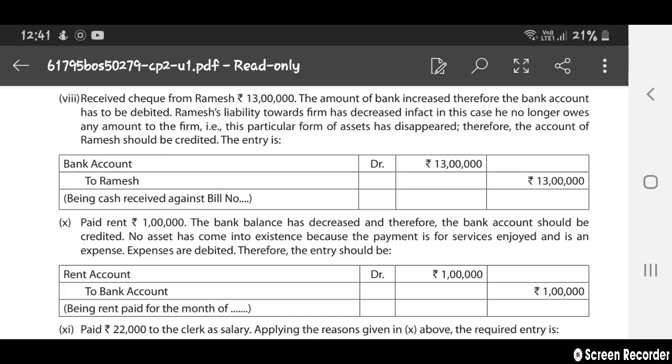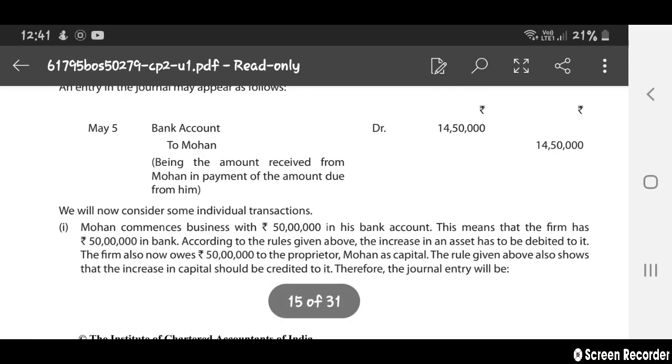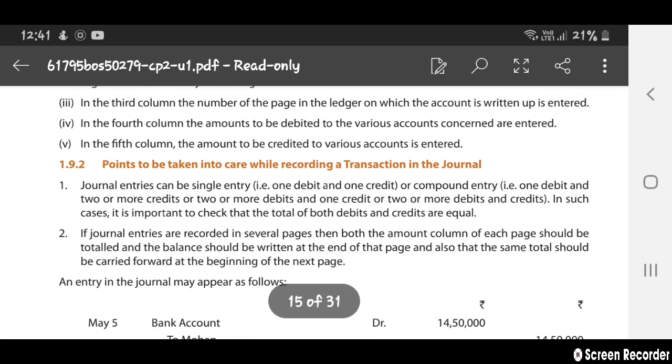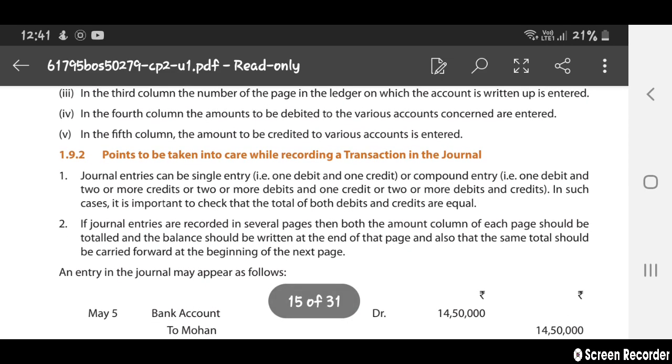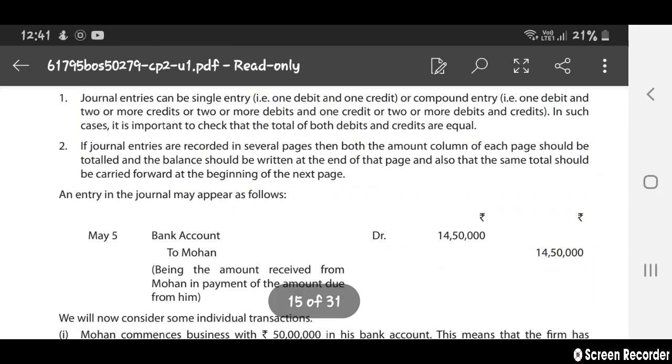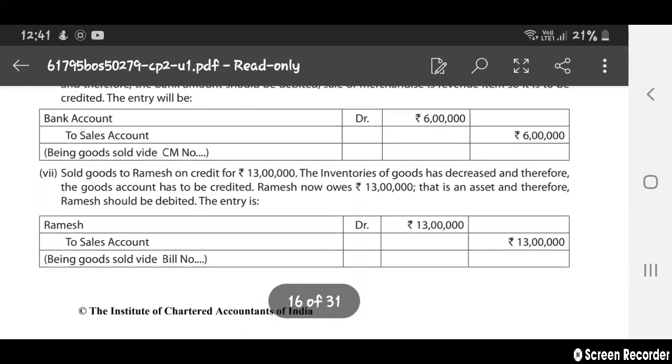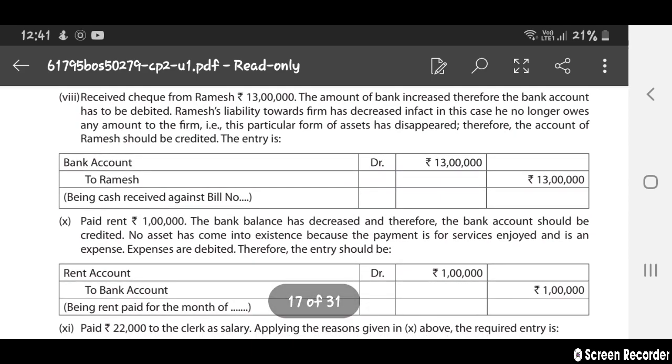Now in the last video you learned how to record the journal and what points you have to take care of while recording it. So you have received a cheque from Ramesh for rupees 13 lakh. The amount in the bank has increased, therefore the bank account has to be debited.